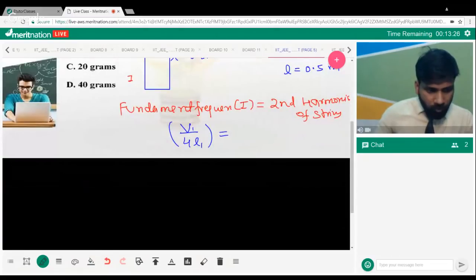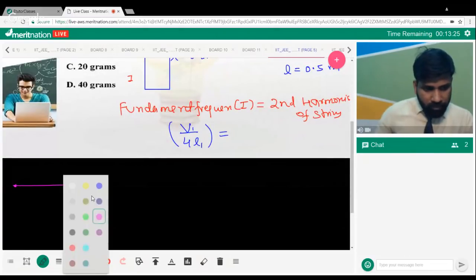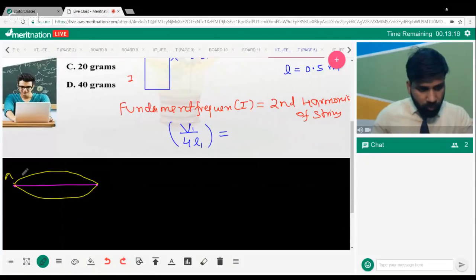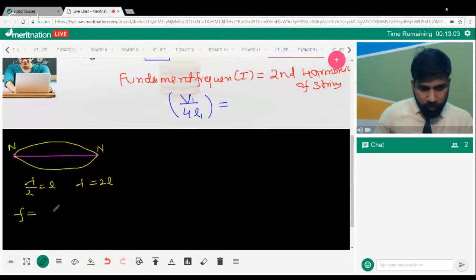Suppose this is the string; the minimum possible case is this, where we get a node here as well as a node here. So this length is lambda by 2, so lambda is equal to 2L. So the frequency is V by 2L. This is our fundamental frequency for a string.